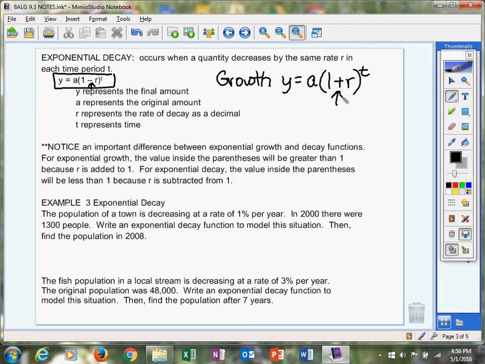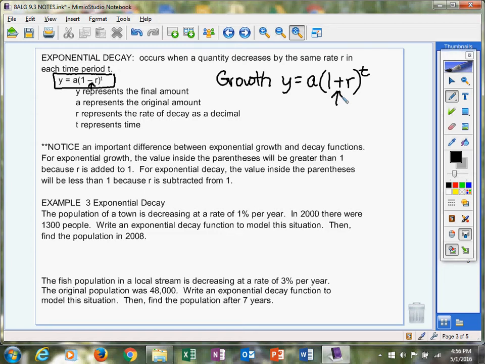If b is greater than 1, b is the number that's being raised to the exponent. If that number is bigger than 1, you're going to have a number that is growing. But if that number is less than 1, a decimal between 0 and 1, your number's not going to be growing. You're actually going to be losing some value there, whether it's a population count or a dollar amount, whatever it is, okay?